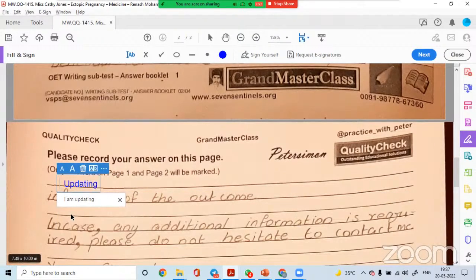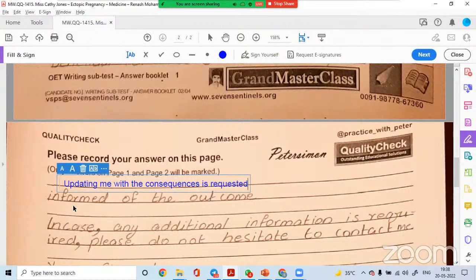Updating me with the consequences is requested. Updating me with the consequences. Okay, so can you write: updating me with the consequences would be highly appreciable, something like that?